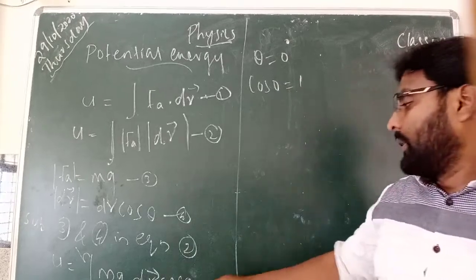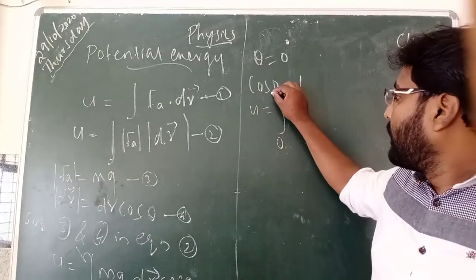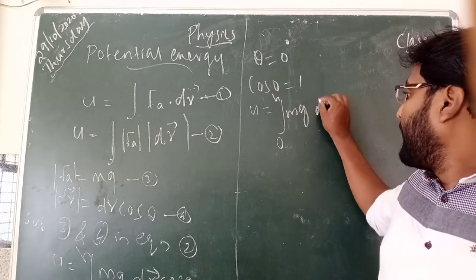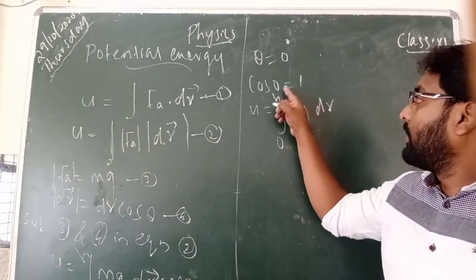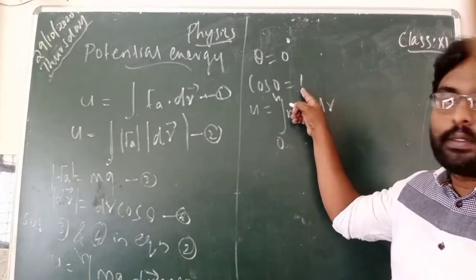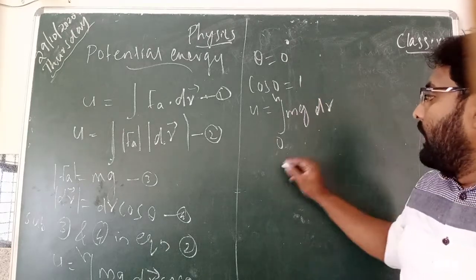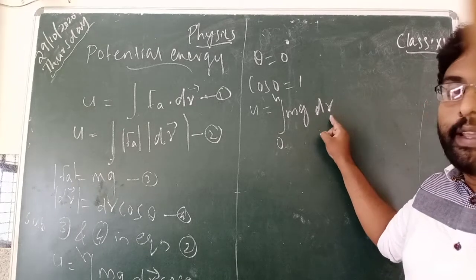Now use this. U equal to integral 0 to h of mg dr. Cos theta becomes cos 0, which means 1. 1 into dr. Now we are going to integrate only the displacement dr.